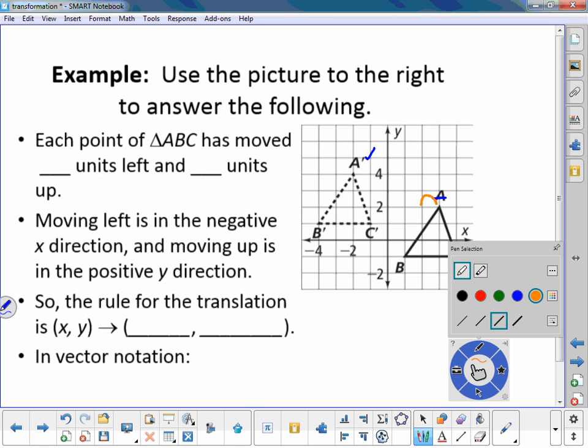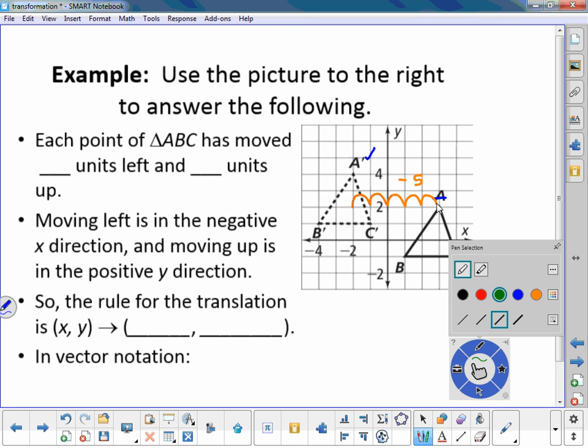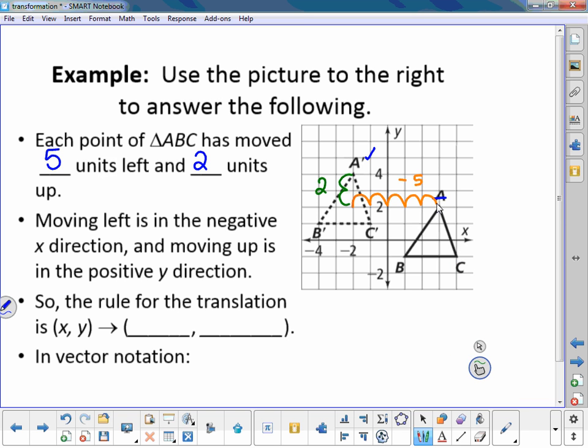Looks like I'm going to go left 1, 2, 3, 4, 5. So I went in the negative 5 direction. And then I went up 1, 2. All right? So I went left 5, up 2. Moving left in the negative x direction and moving up in the positive y direction.